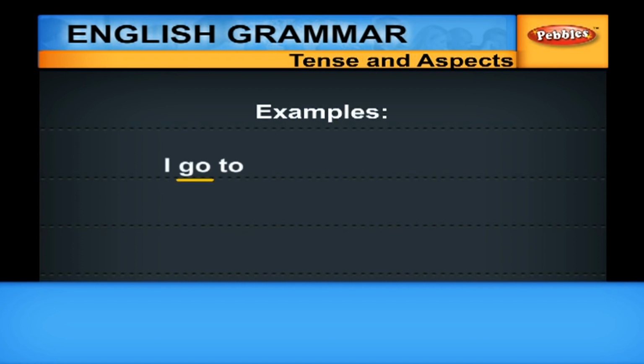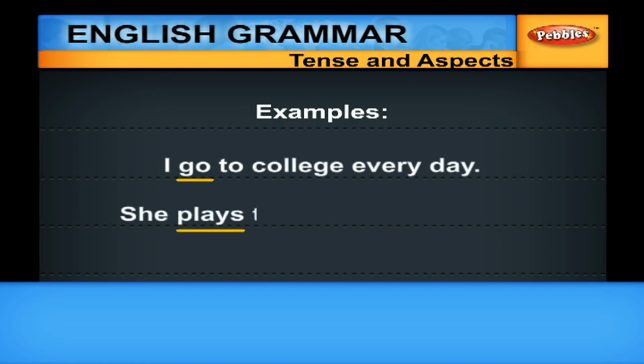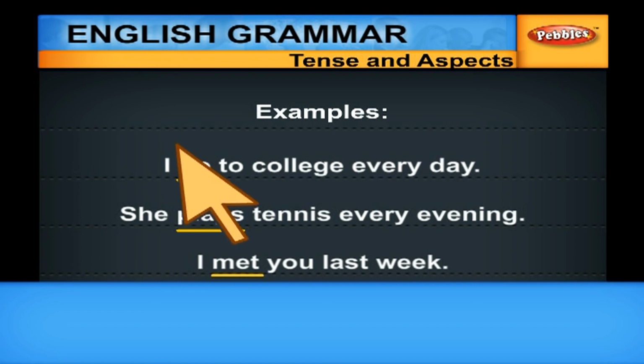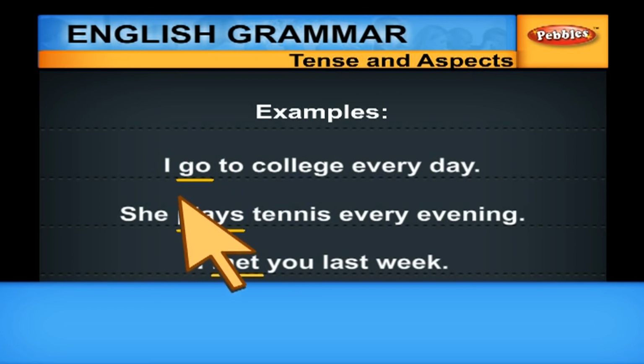I go to college every day. She plays tennis every evening. I met you last week. Look at these 3 sentences. We have underlined the verbs in these sentences. You have only one verb for each sentence.